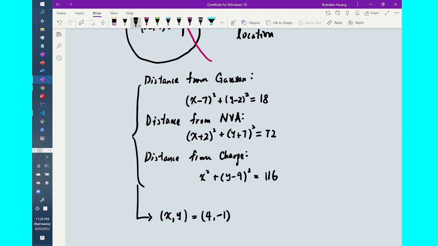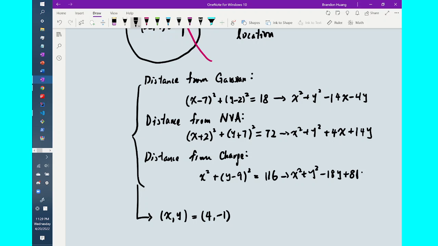To solve this system of equations isn't really too hard. We see that every equation we have here follows the form of x^2 + y^2 minus some x minus some y, or in other cases plus some x or some y, or in other cases just plus or minus one of the other.